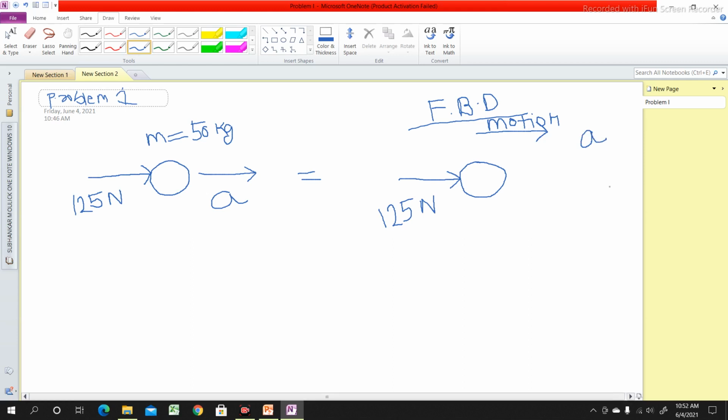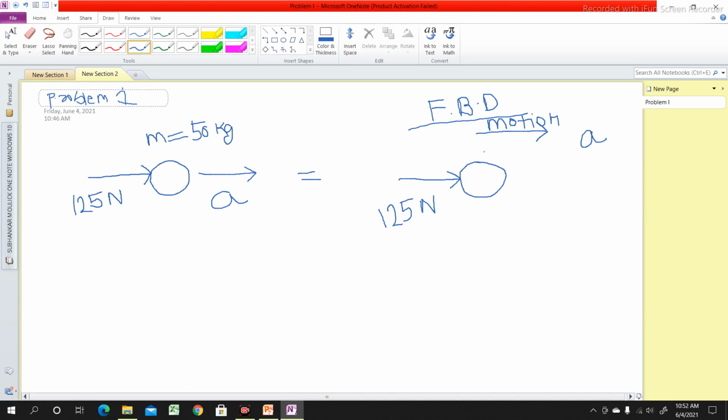Now according to D'Alembert's principle, if you want to maintain the dynamic equilibrium of the body, you need to apply an inertia force of magnitude ma in the direction opposite to the direction of motion of the body.